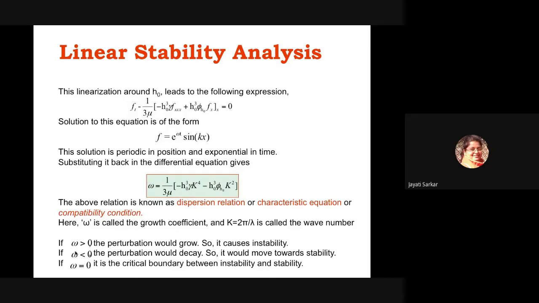So if we get a dispersion relation with the growth rate omega less than 0, then all the instabilities will die down. That is the situation you want, for example, when creating a homogeneous paint, or in the case of the corneal film, where you will look for conditions of H0 and gamma that lead to omega less than 0.